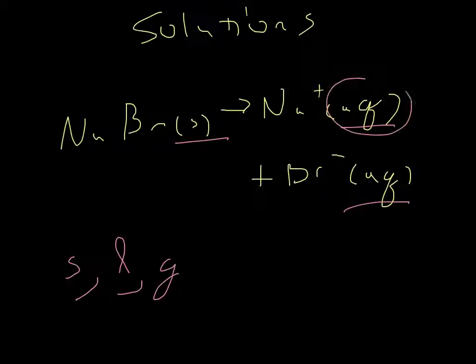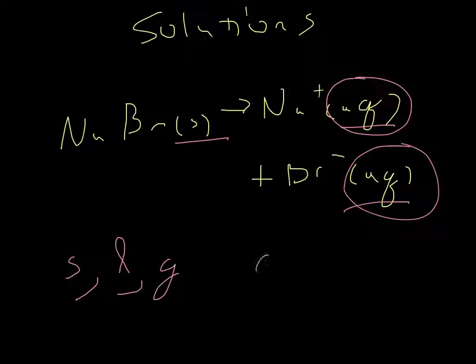But what could aqueous mean? Well, this is supposing that sodium bromide is dissolved in water, for example. So when it dissolves in water, the ions dissociate, they separate from one another because the polarity of the water pulls them apart. It's probably more detailed than you know at this moment, but anyways, when this happens, you need to show this in your equation.